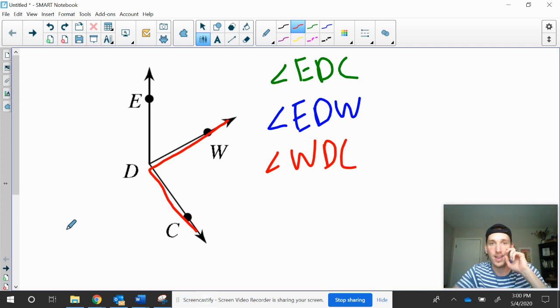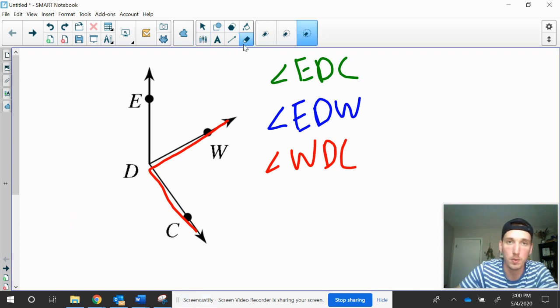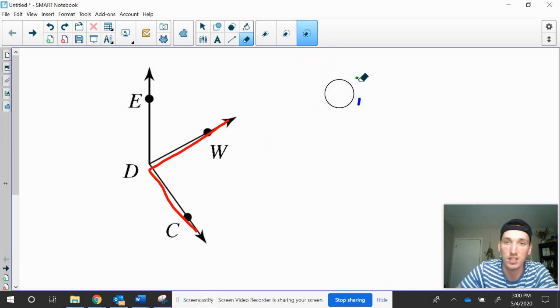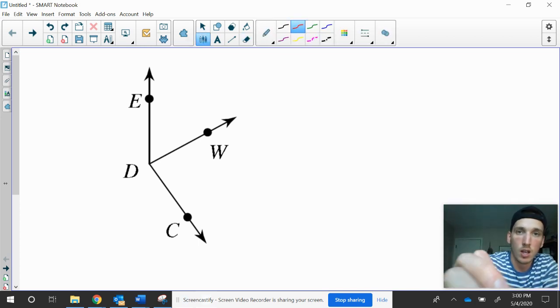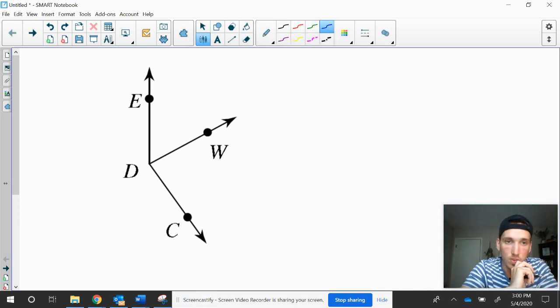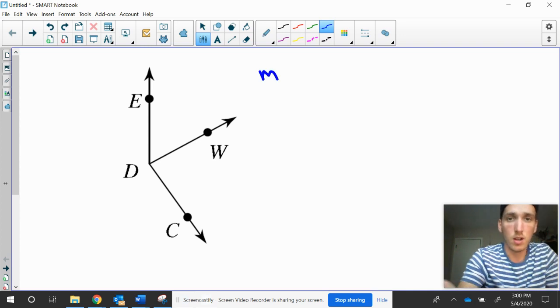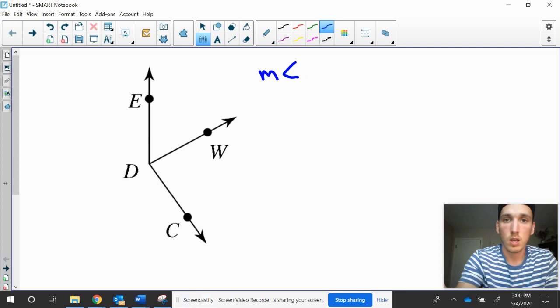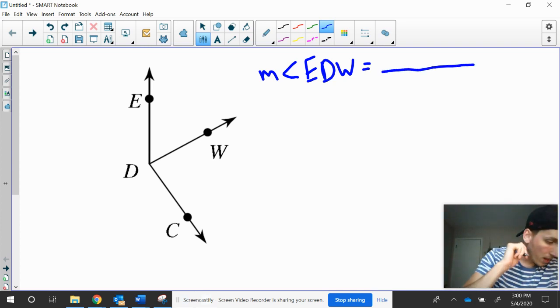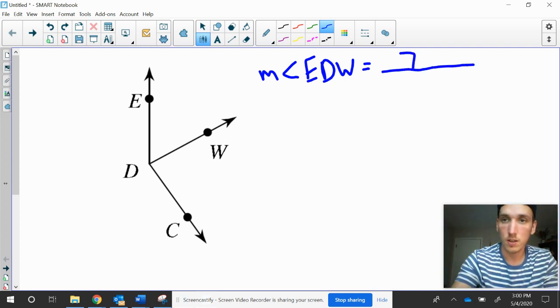Another thing, really quick, that I want to show you is how we can find the measure of some of these angles given some measures. Watch this. Let's say the measure of angle EDW is 75 degrees, right here.